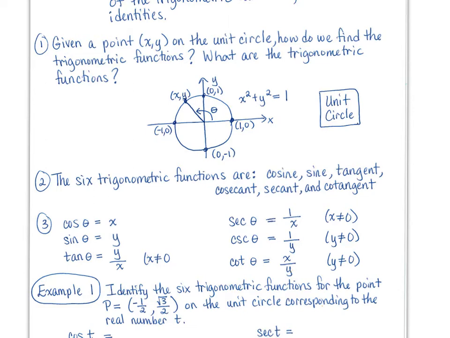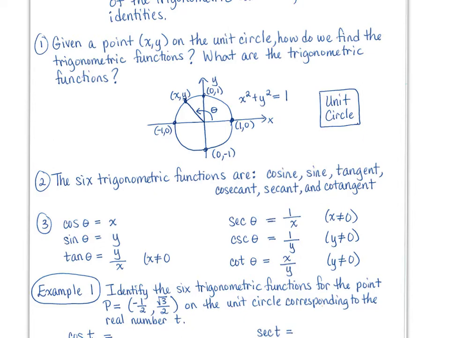Whenever you're reading through the end of the section, they talk about fundamental identities. These are presented in your book, but because I'm introducing them here, I'm pointing that out to you. Again, tangent of theta is sine over cosine, secant of theta is 1 over cosine, cosecant of theta is 1 over sine, and cotangent of theta is cosine over sine.